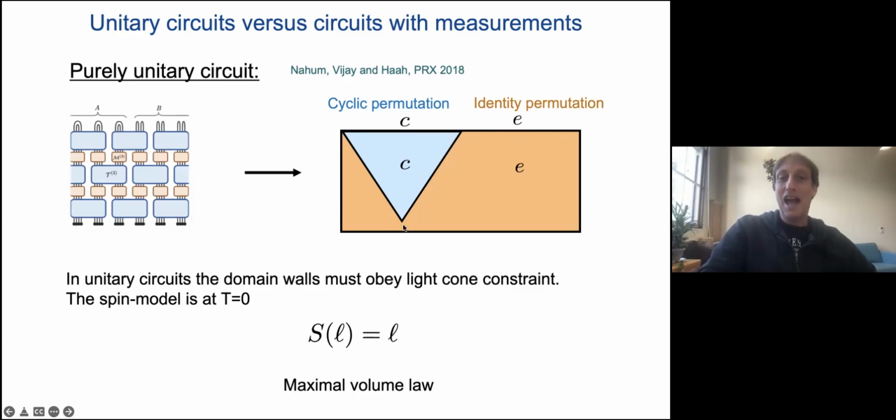The deep reason is the light cone constraint in unitary dynamics, and you can see it in the statistical mechanics model simply because you don't have an entropic term, so you basically get the minimum energy configuration. If you calculate the entanglement entropy in this case, it's just the domain wall free energy, and the domain wall has no fluctuations. You just get L: the maximal possible volume law with no fluctuations, no subleading term.